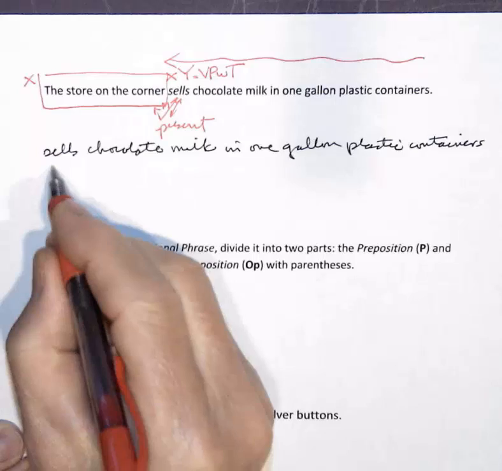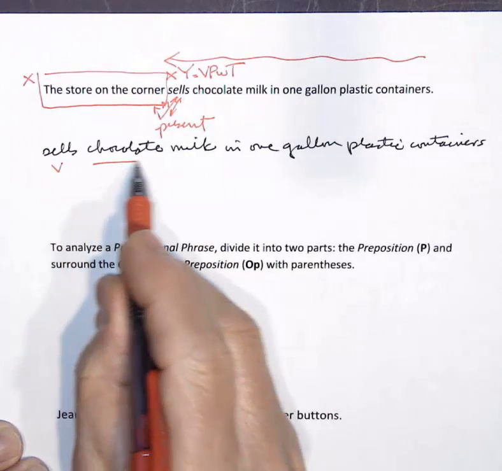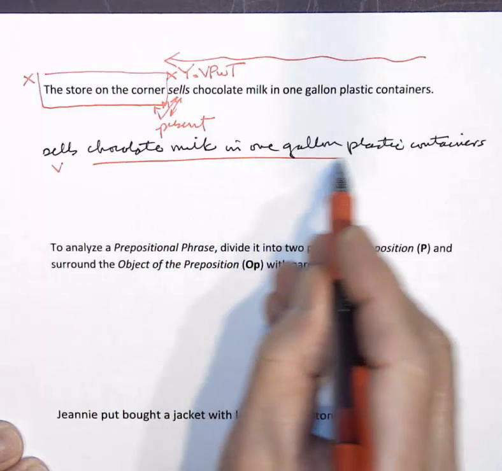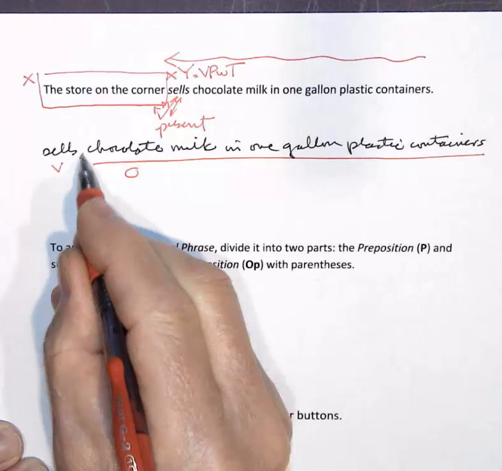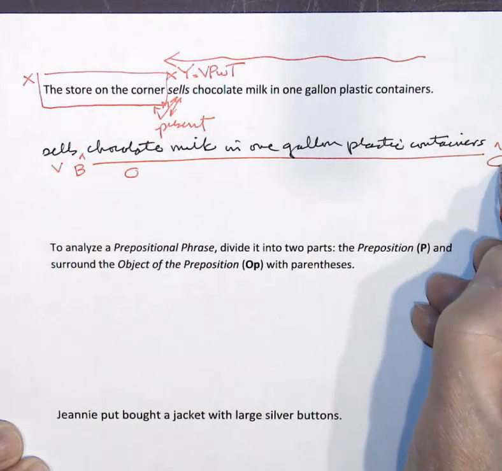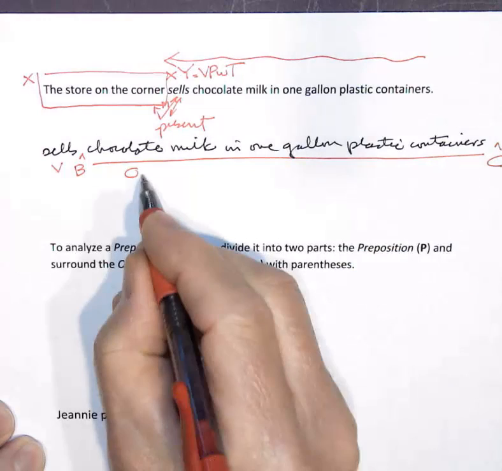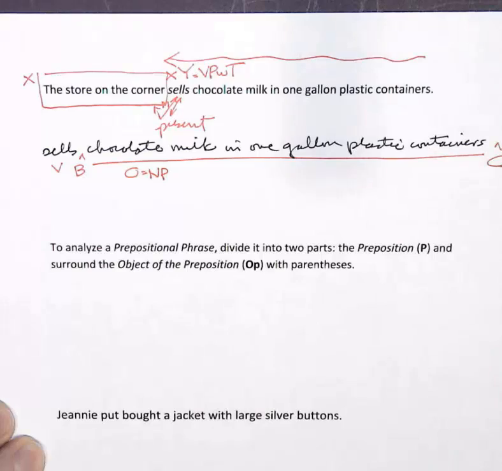The verb is sells. Chocolate milk in 1-gallon plastic containers is the object. The particle place is empty. Complement is empty. Chocolate milk in 1-gallon containers is a noun phrase.